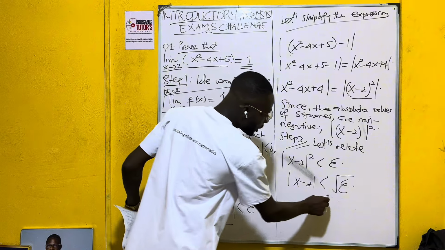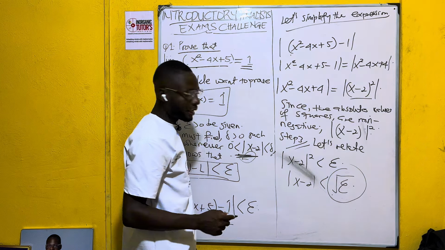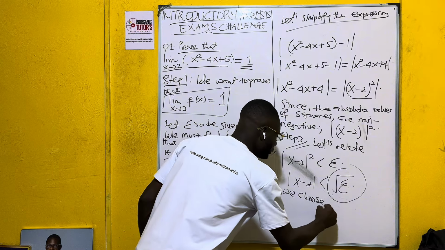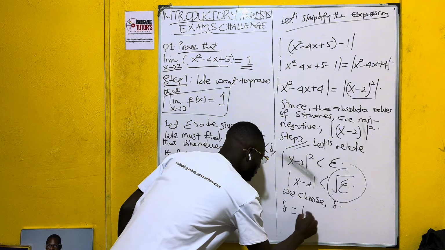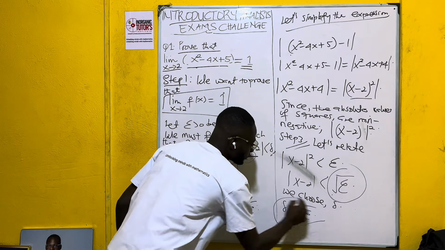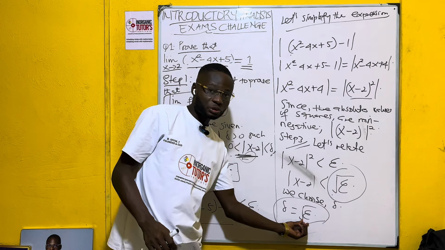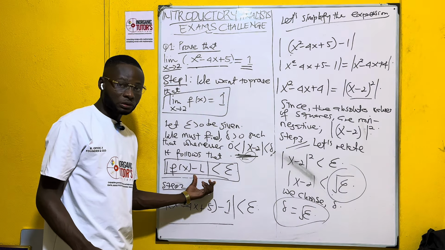So we choose delta to be the square root of epsilon. For we choose delta to be the square root of epsilon, this definition will hold, right?